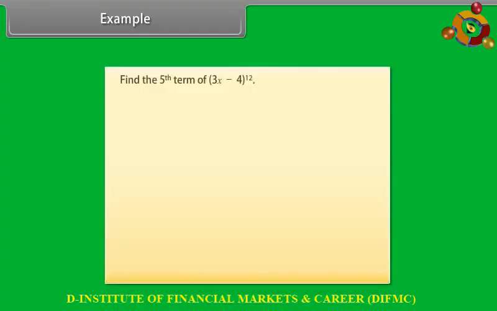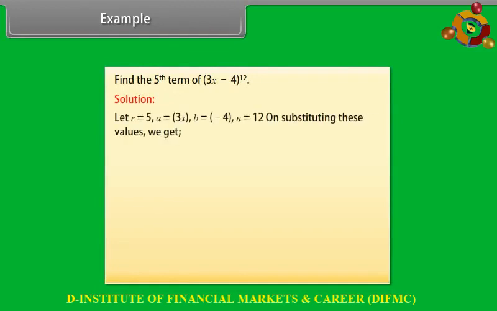Example: find the fifth term of (3x minus 4) raised to power 12. Solution: let r be equal to 5, a is equal to 3x, b is equal to minus 4, n is equal to 12.